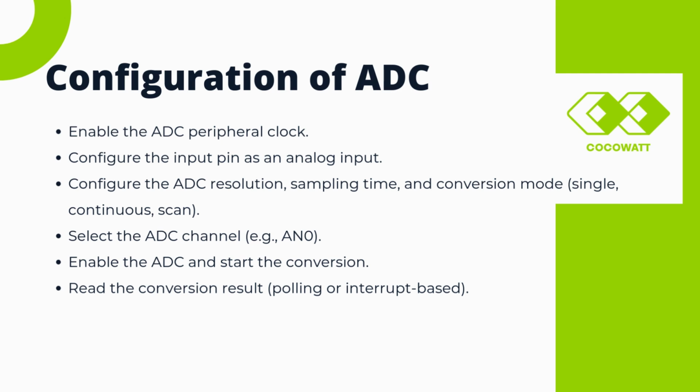After that, select the specific ADC channel you want to read from. In our example, AN0 is in group 0 and channel 0. Once that is done, enable the ADC and start the conversion process. And finally, read the conversion result either by polling or using an interrupt, depending on your application.